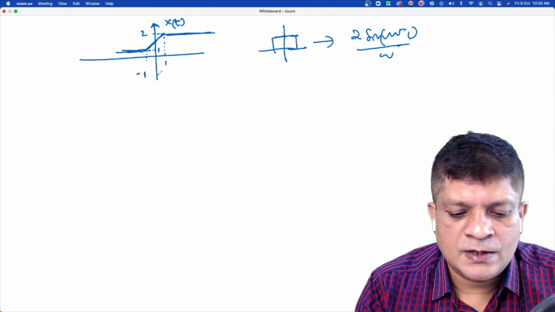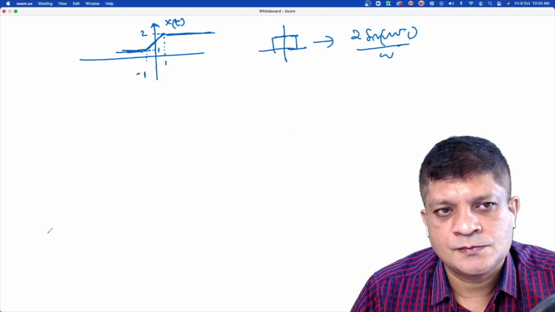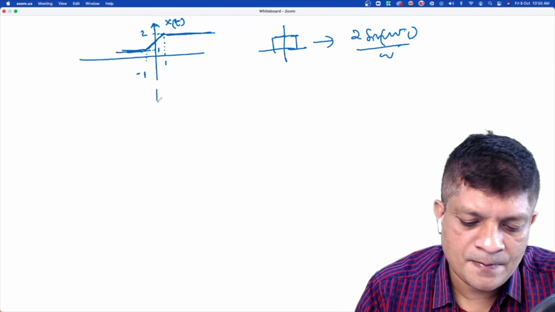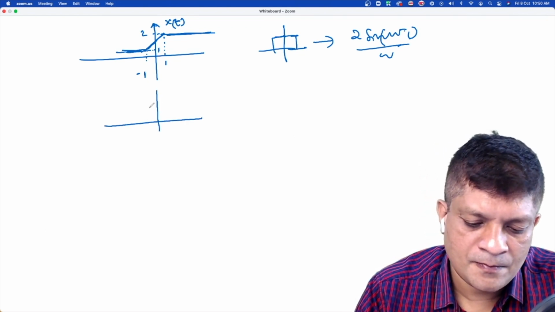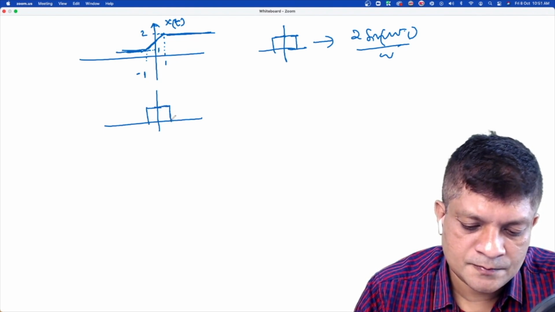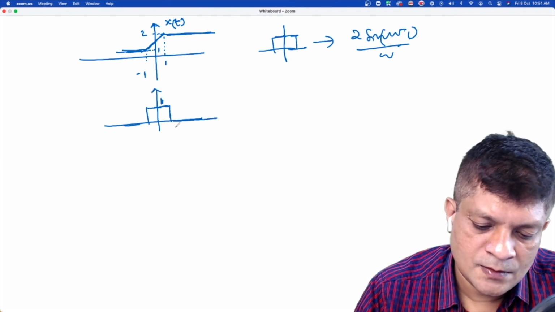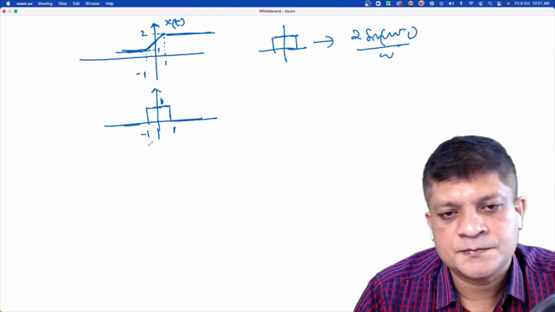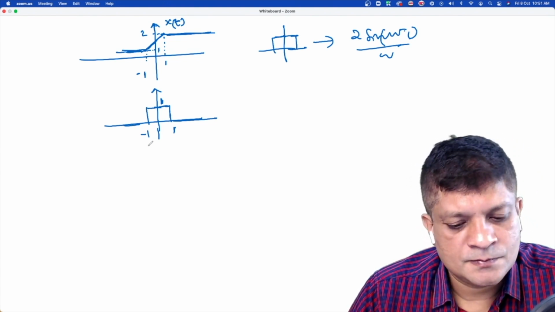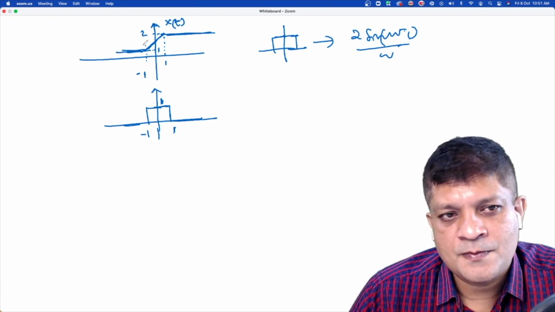Okay, so what is the derivative of x(t)? This one, isn't it? This is 1, 1, minus 1. This is the derivative. Is this the integral of this?